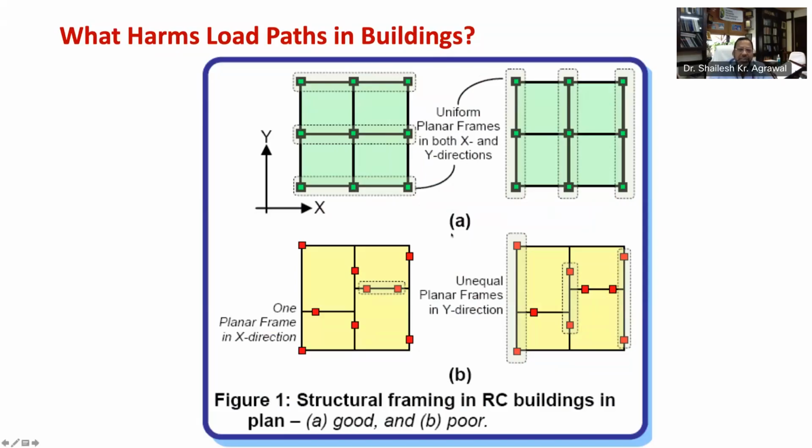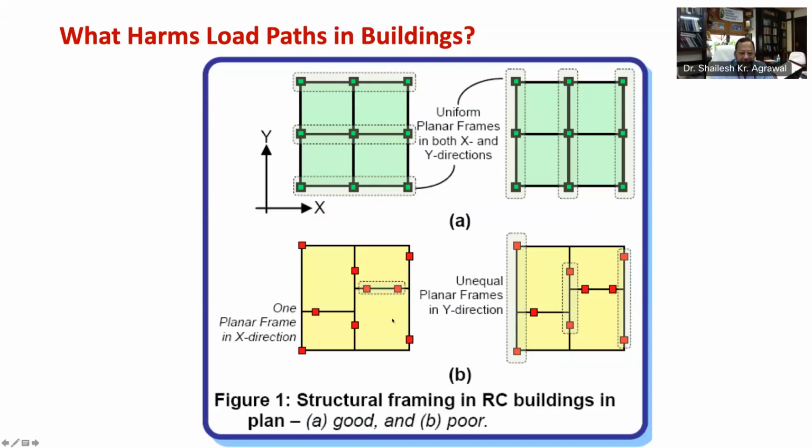Having understood these desirable features, let me explain this through figures 1A and 1B, which show poor frame grid. For smooth load transfer in a moment resisting frame, it is necessary for beams and columns to intersect and to form a well-defined grid. As you can see in figure 1A, the building has regular frames in both plan directions, that is in X direction as well as in Y direction.